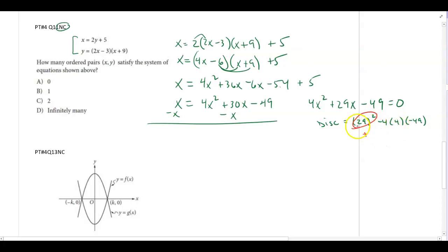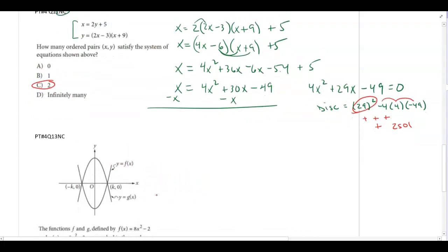The key is knowing if this is 0, a positive number, or a negative number. But just by knowing a negative times a negative is a positive, I know I'm going to do a positive plus a positive, which automatically tells me it's positive, which means it's going to have two solutions. So there would be two intersections here, letter C.